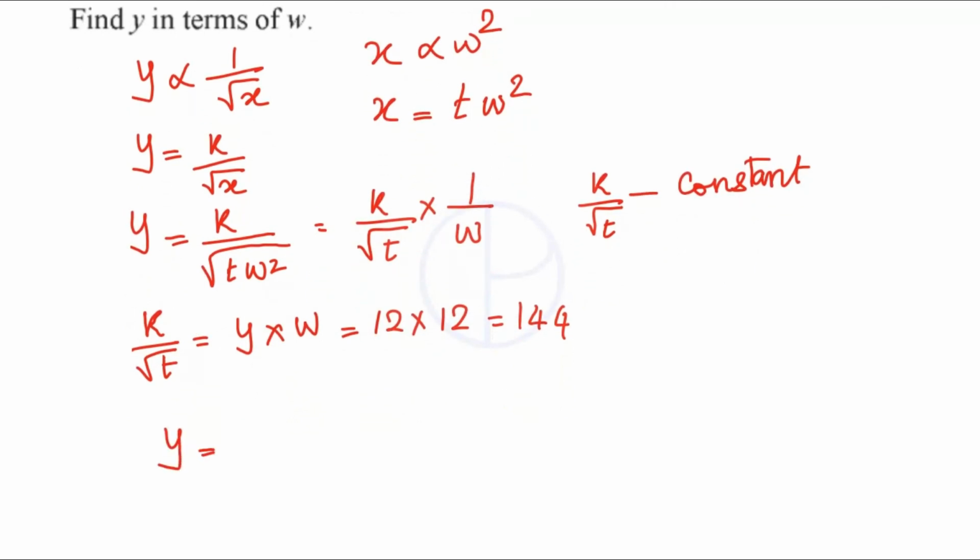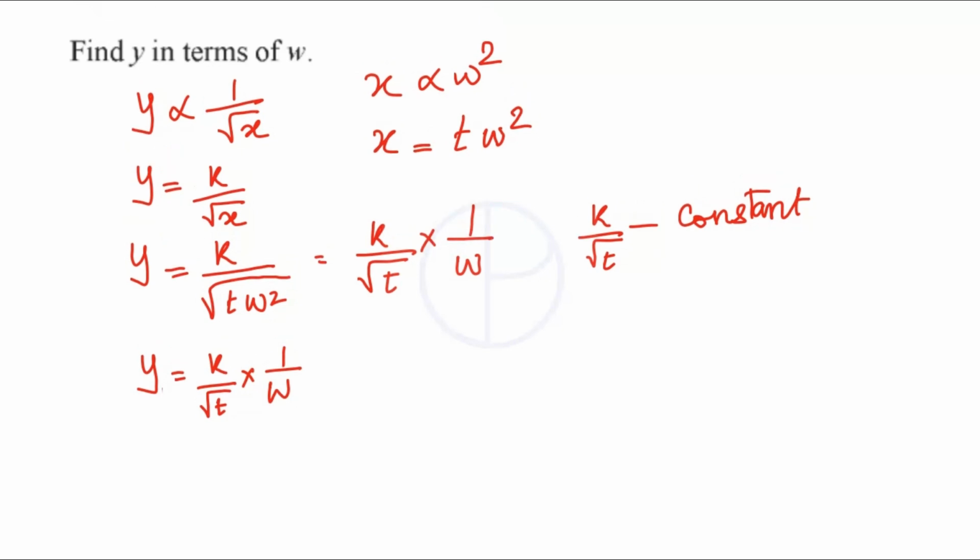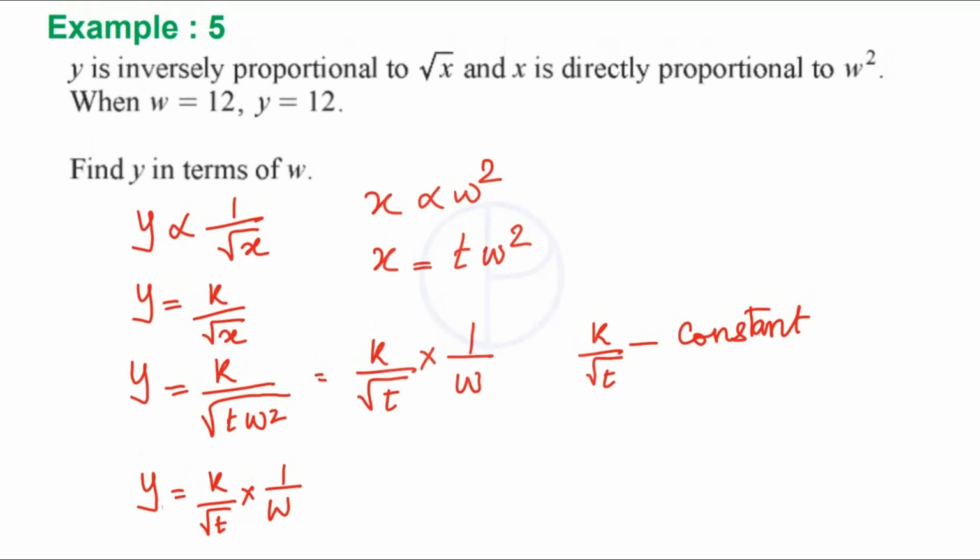So now what is y? y is equal to k divided by square root of t multiplied by 1 over w. Let's find out the constant k divided by square root of t. It's given when w is 12, y is also equal to 12.